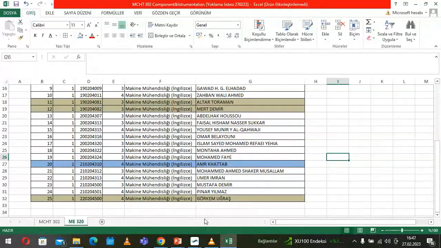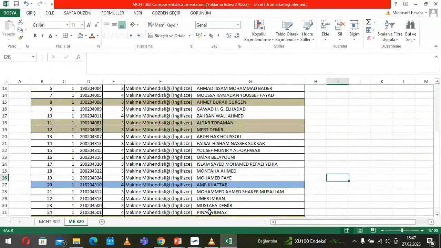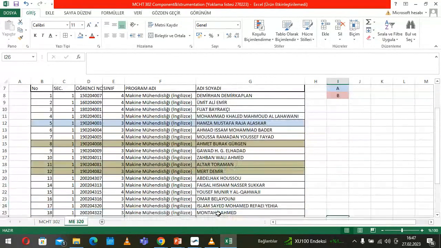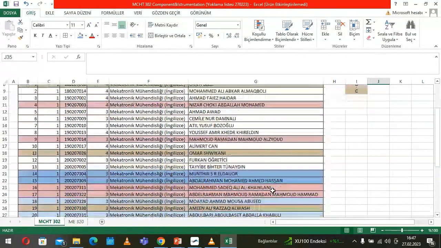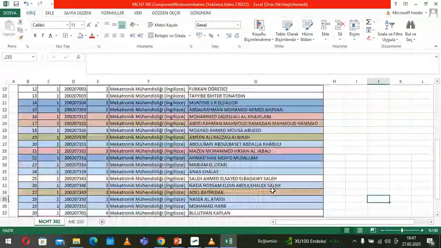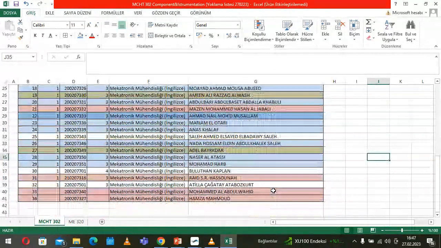Saleh Ahmed is not on the mechanical list. I think he's not on the mechanical list. He's probably on the mechatronics. Oh, yes, number 5. Number 25.